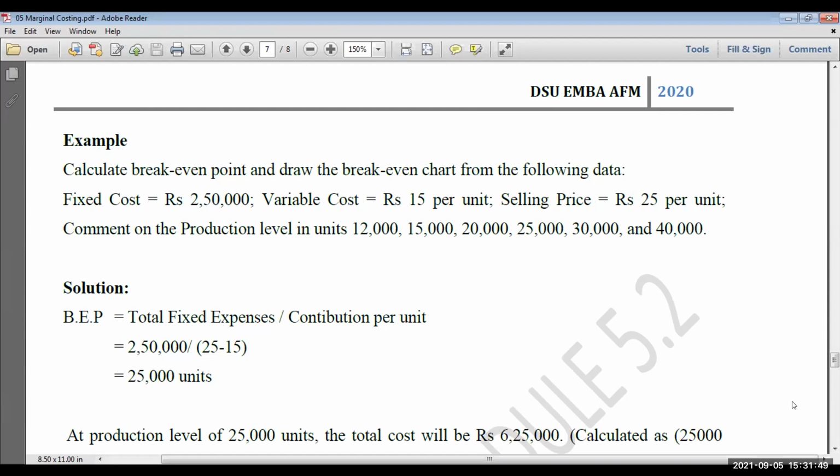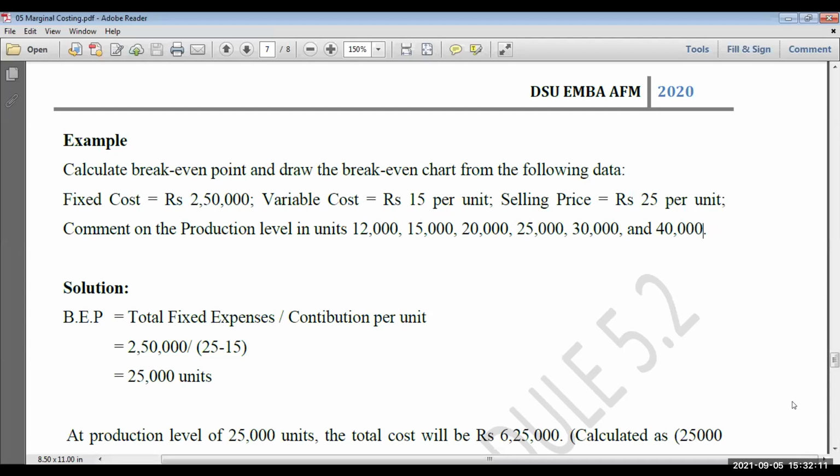What is the selling price per unit? 25. Are you not getting it?